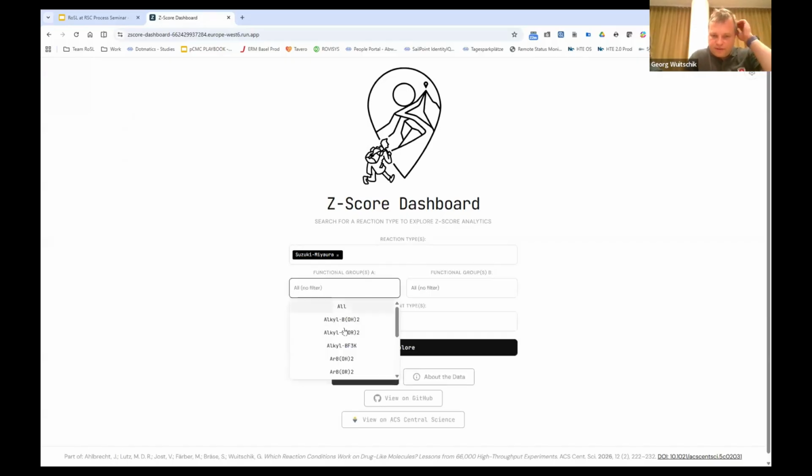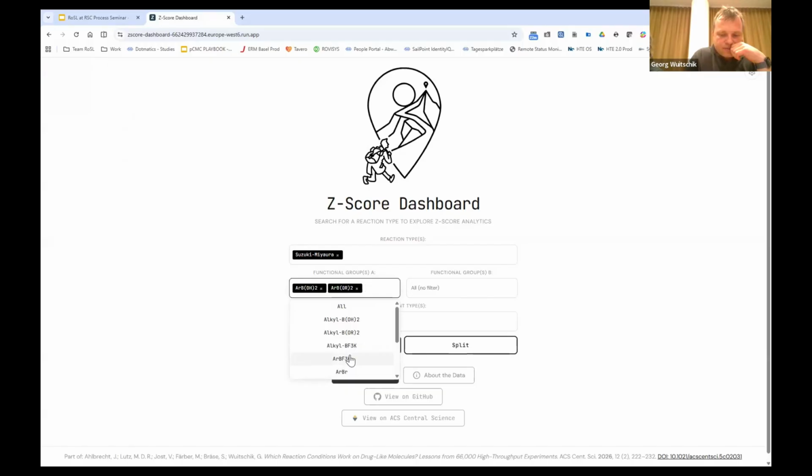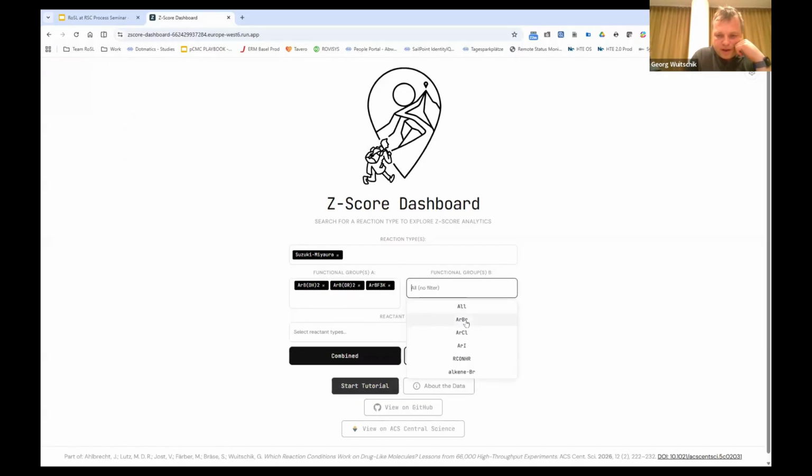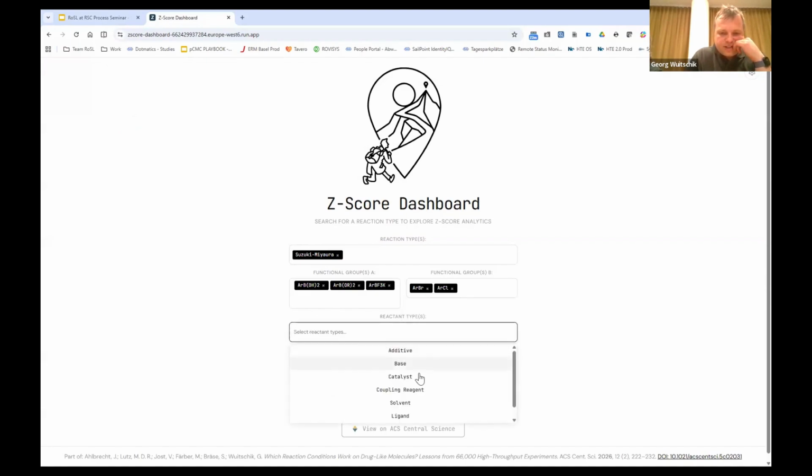And we want to have a Suzuki with an aryl boronic acid. It can also be an ester or a trifluoroborate. And we want to combine it with an aryl bromide or also an aryl chloride. And we are interested in finding the best ligand.